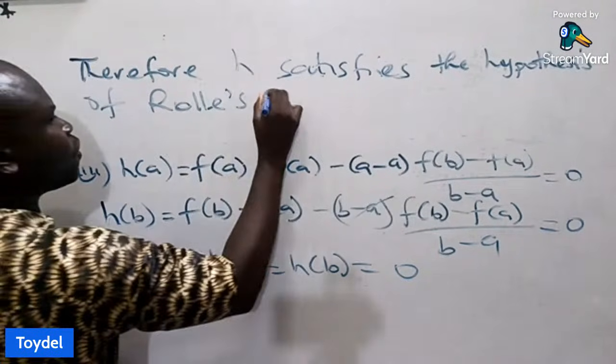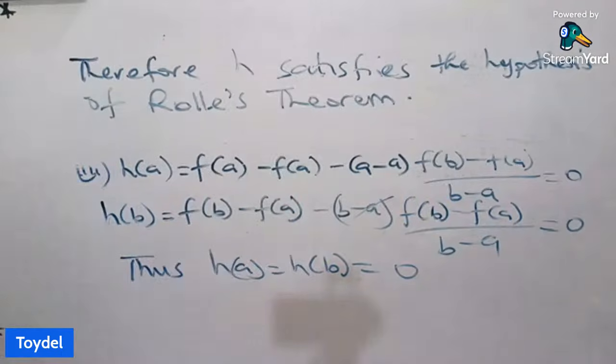Since we have been able to show that h of b is equal to h of a, equal to 0, it simply means that h satisfies the hypothesis of Rolle's theorem.